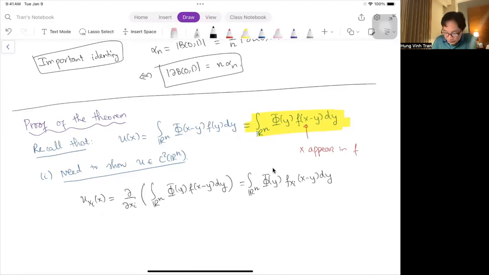Similarly, if I differentiate twice, u_xi xj of x equals del over del xj of this integral, and again I can put the partial derivative inside the integral.